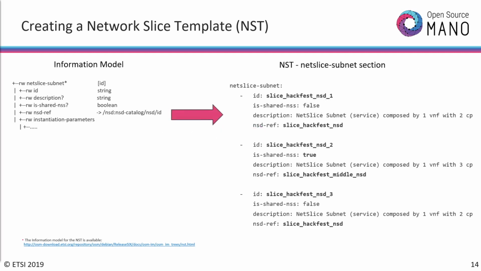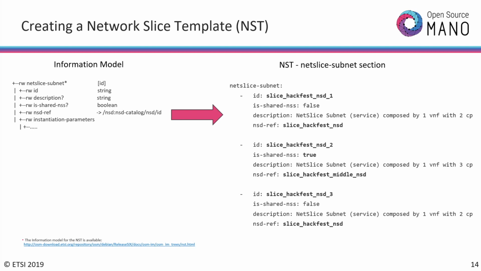The next required field in the network slice template is the netslice subnet. Our netslice subnet is a list of references for the network services we want to include in our network slice. So to define our slice subnet, we need to give an ID and the NSD ref.